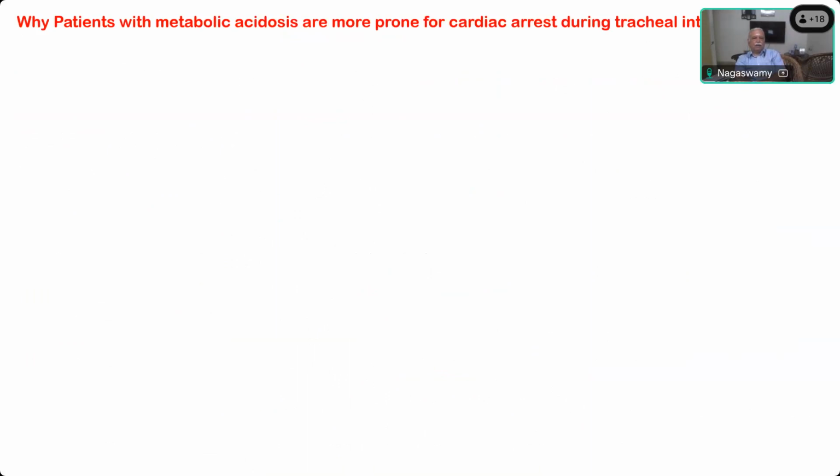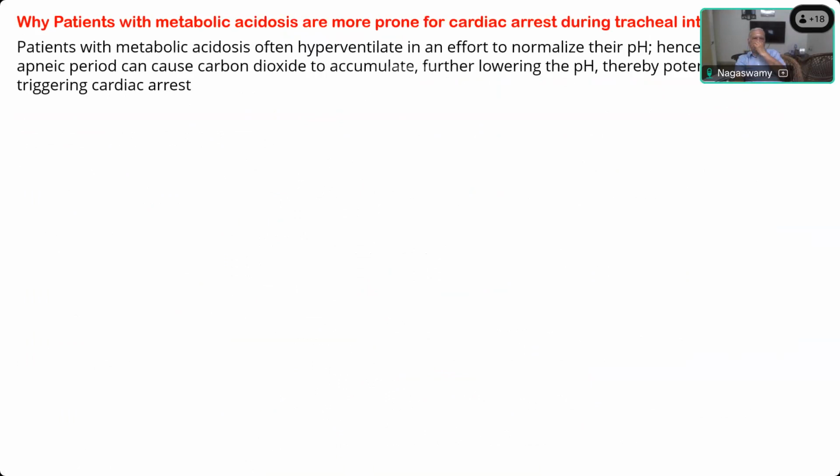The patient with metabolic acidosis often hyperventilates in an effort to normalize their pH. Hence, even a brief apneic period can cause carbon dioxide to accumulate, further lowering the pH, thereby triggering a cardiac arrest. That is the mechanism.